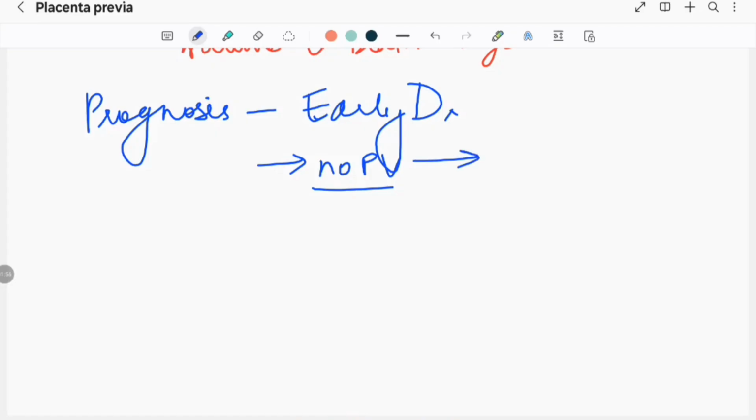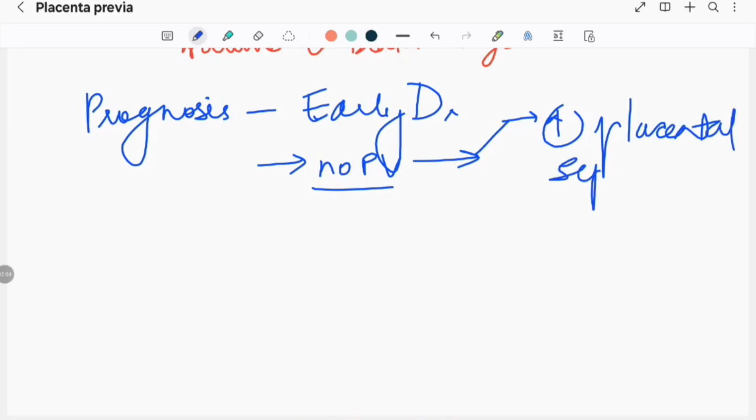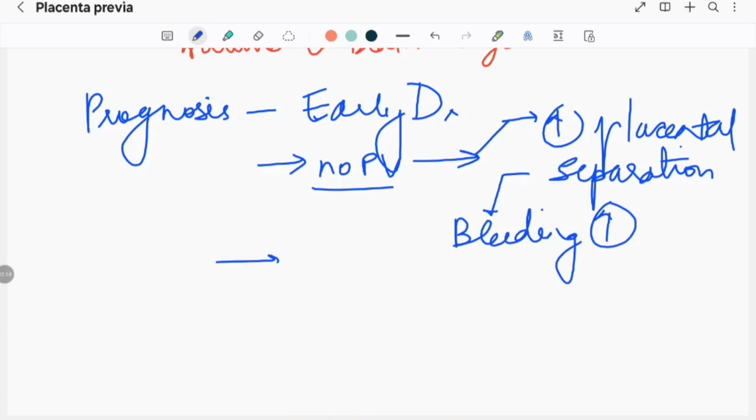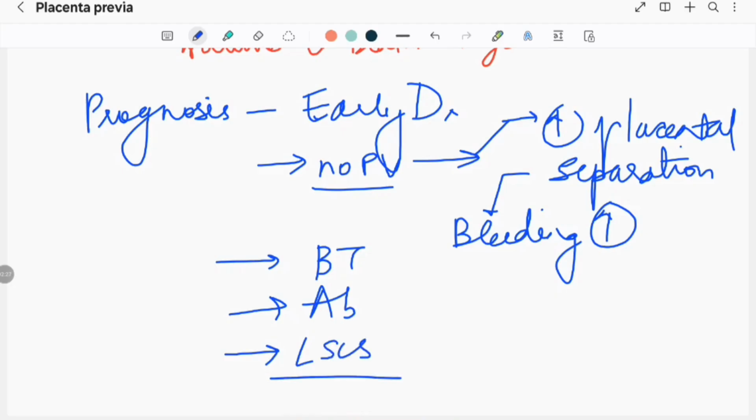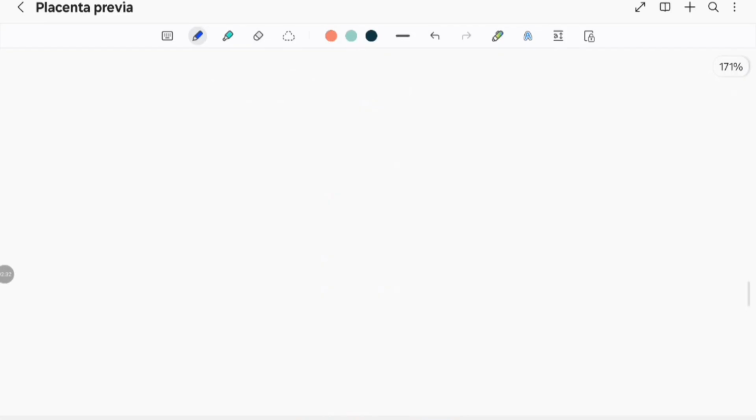Because it will lead to increased placental separation, and the bleeding increases. Then free availability of blood transfusion. Then potent antibiotics have to be given, and more usage of cesarean section is done during placenta previa for a safer delivery. Then we have the management of placenta previa.